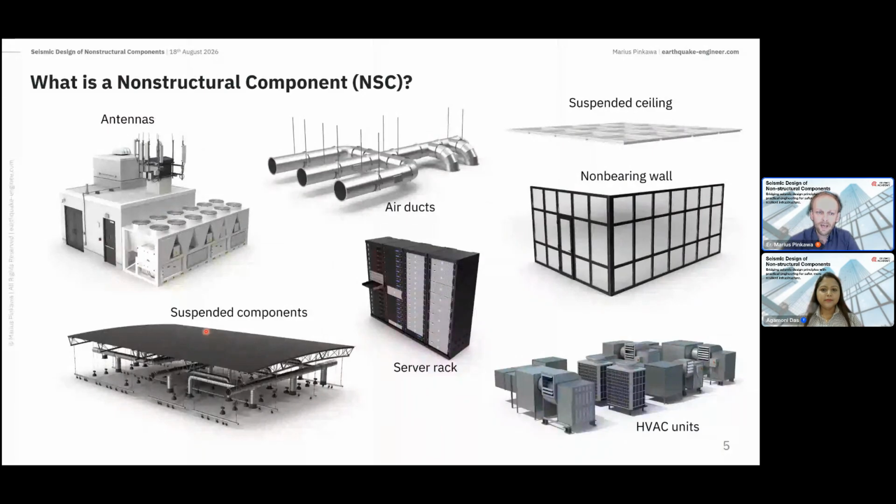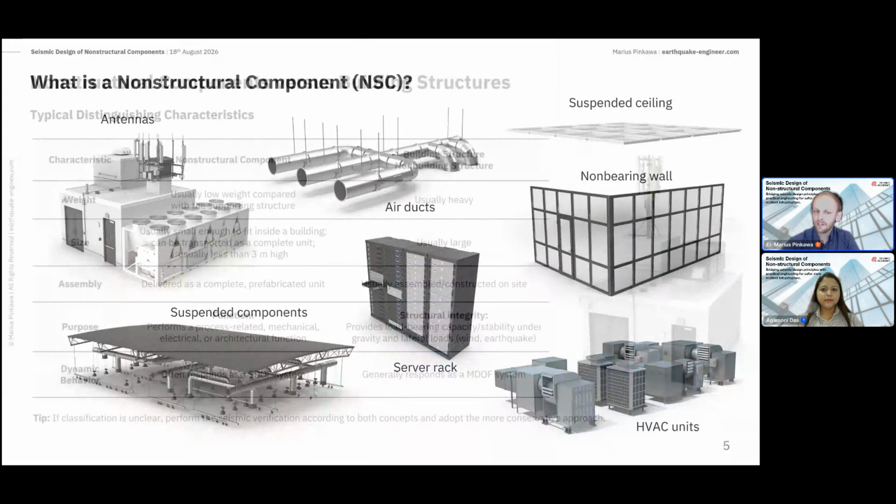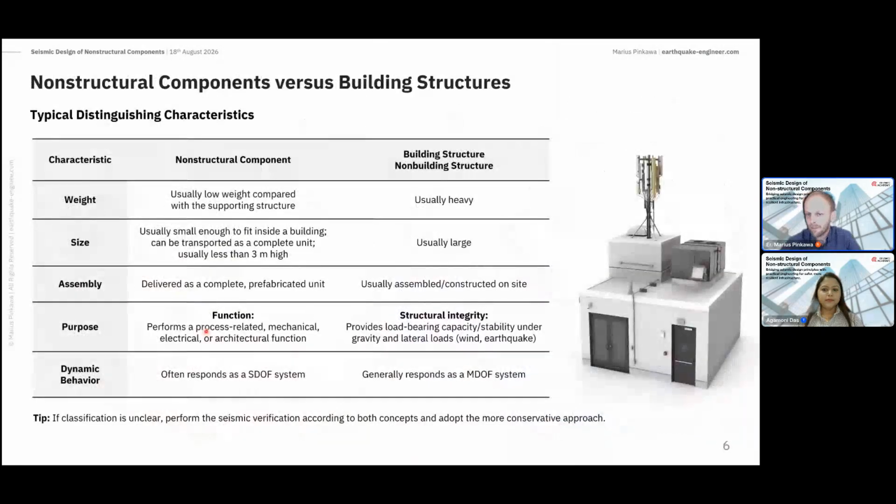So how can we distinguish, is it a non-structural component or is it maybe a building structure or a non-building structure? Because seismic codes treat these structures differently. For example, ASCE 7 has a special chapter for non-structural components, a special chapter for building structures, and one for non-building structures. So typically a non-structural component is a small item.